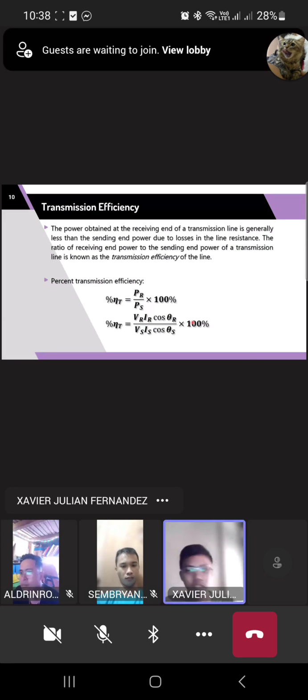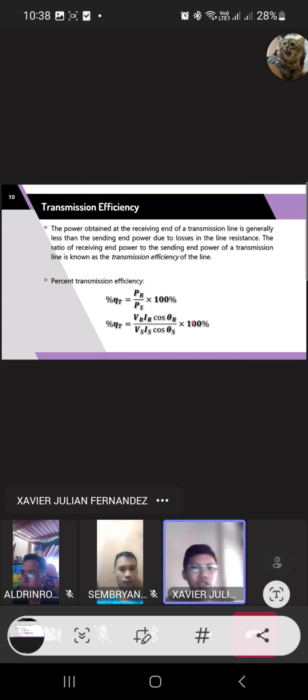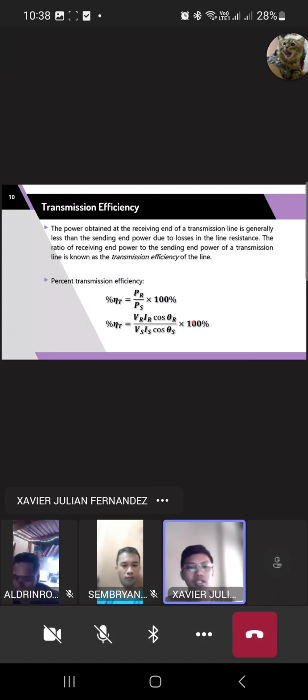Remember that for AC power, we don't just take voltage times current like DC power. For AC power, it's the voltage times the current times its power factor. In transmission lines, there are receiving and sending end power factors.